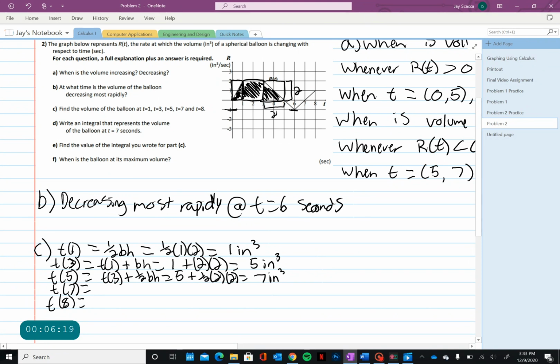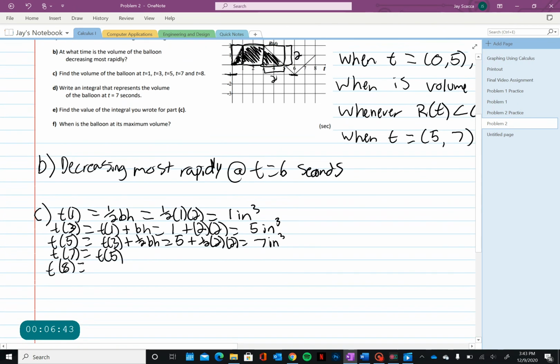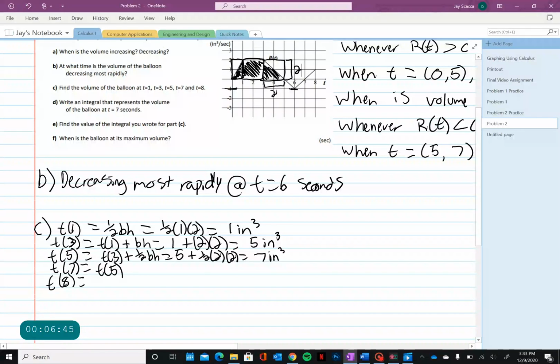And then we take V of 5 for the next one, and we can find the area of both of these triangles, and it's going to be negative since it's below the x-axis. So we would do minus 2 times 1/2 base times height, because there are two of them and in the same area.